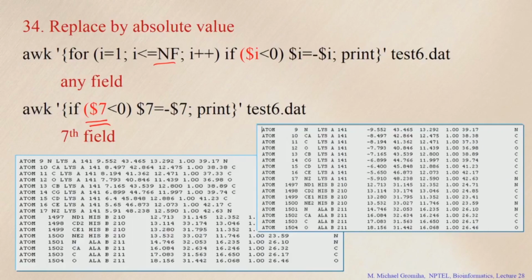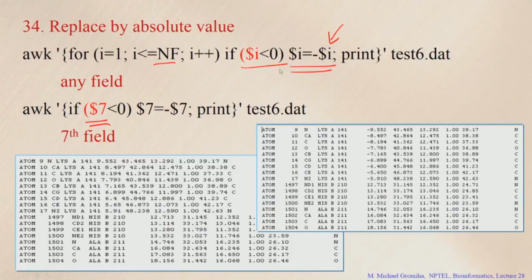If you want to do it for the entire ones, then you can give i equal to 1 to the entire field and i plus plus, right. If $i is less than 0, negative values, right, less than 0, then you replace $i by minus $i. So, whatever minus values you have will be replaced by the positive values, right.